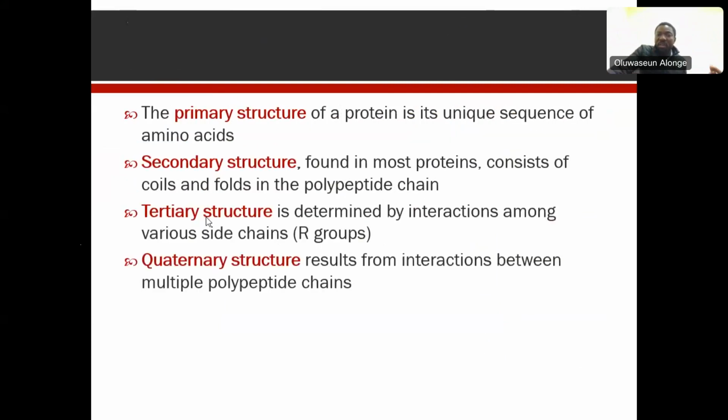All right. Now, the primary protein is simply a sequence of amino acids. It's just a straight chain of amino acids. It is not going to perform the functions that we highlighted about protein because it is not three-dimensional yet. It's just a straight line. The second kind of protein, the secondary protein, is getting to be coiled.